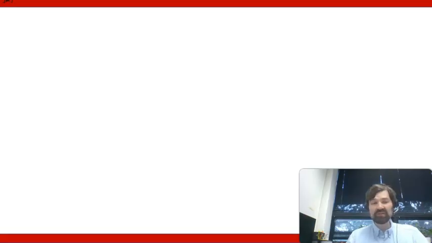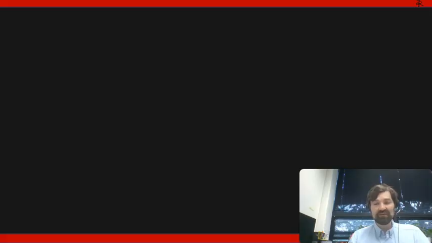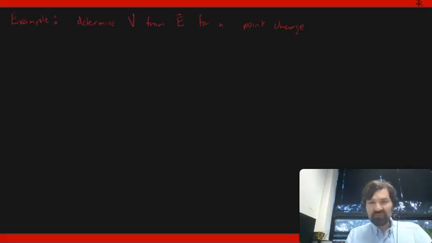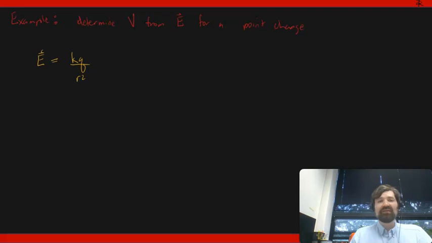So let's consider a basic example. One simple example would be relating E and V for a point charge. For a point charge, you know that E should look like K times Q over r squared times r hat.